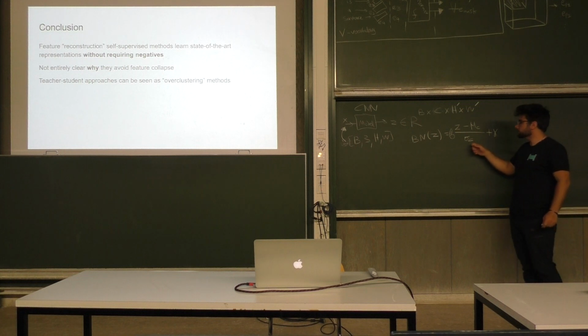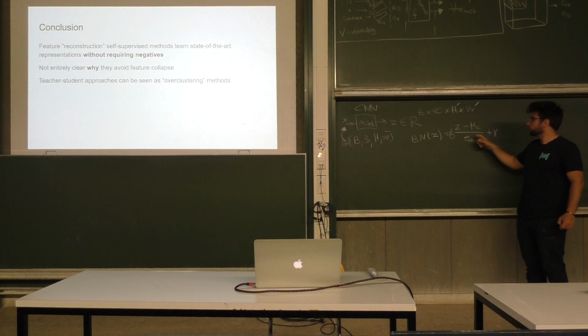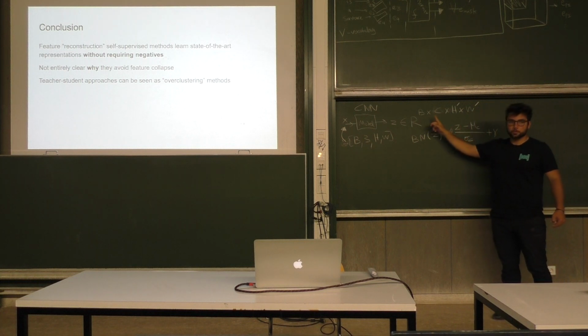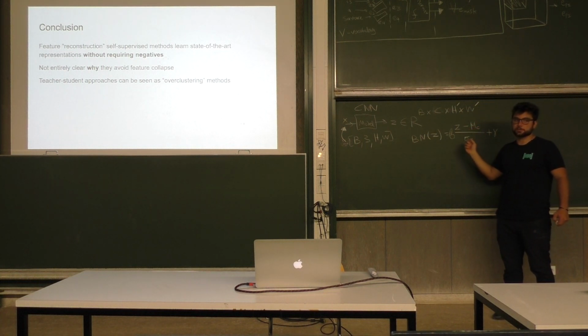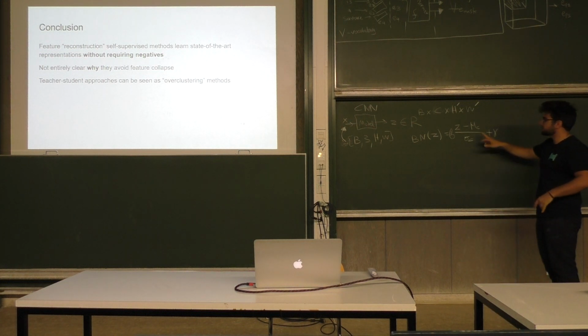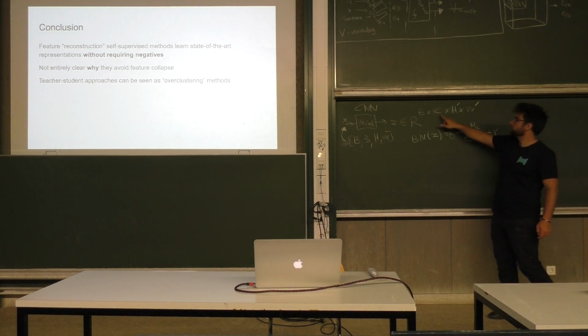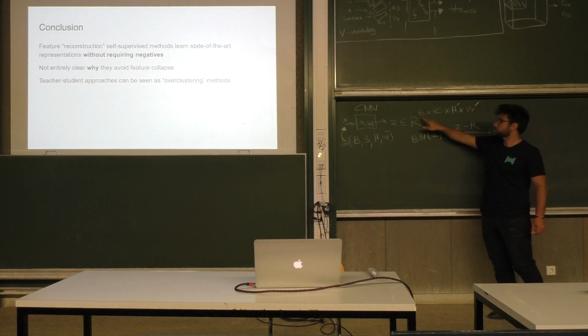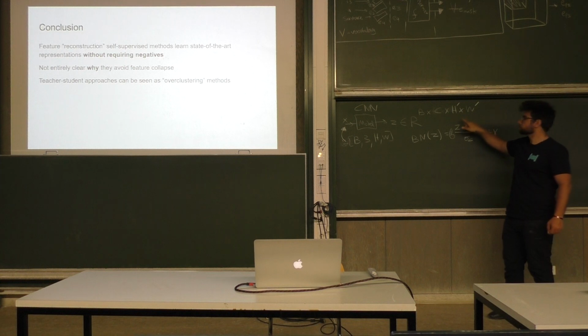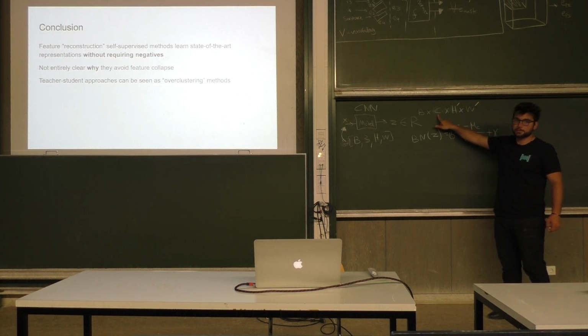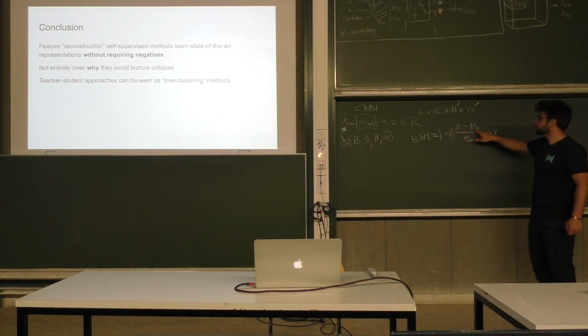So the question is, which dimensions do we use here to compute these means and standard deviations? Of course, if we use everything, it's a single mean, but here I have the index of C, which means that we only take the average over the batch and the spatial dimensions. So if we have 128 channels, we have 128 means.